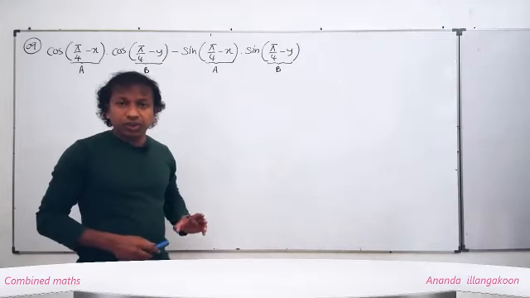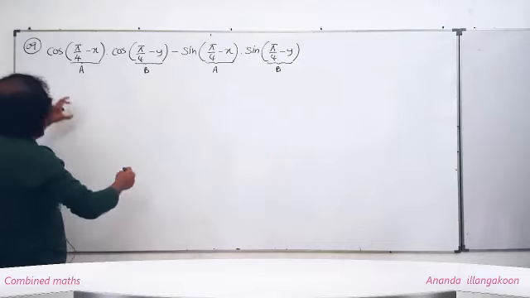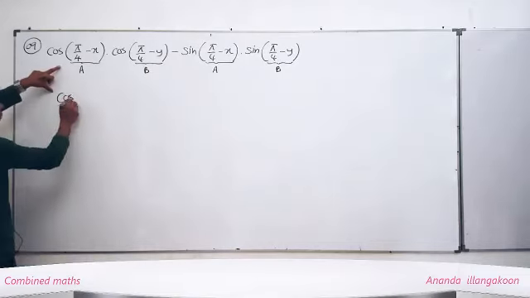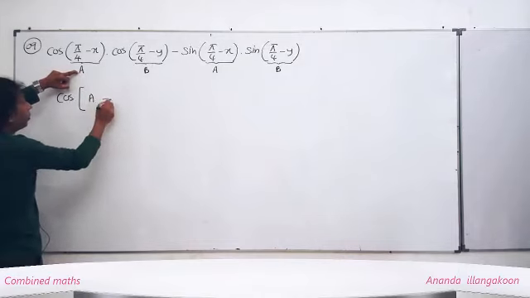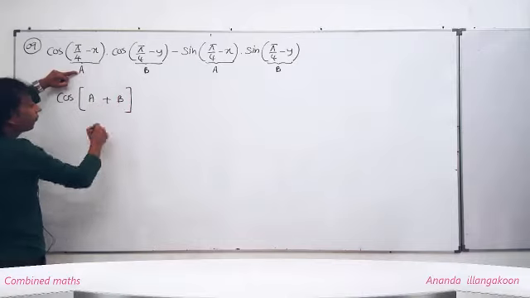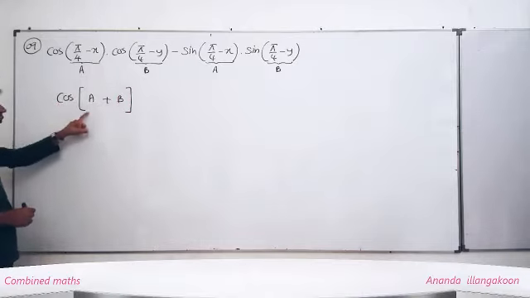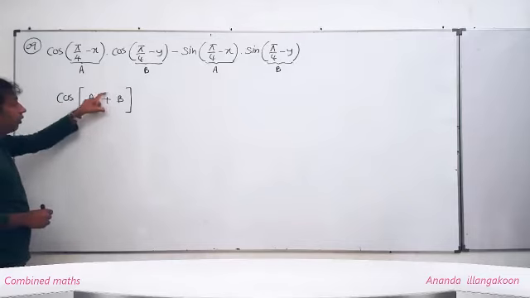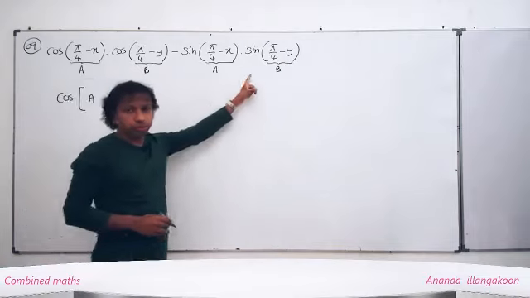It is cos A cos B minus sin A sin B. So therefore, here this is nothing but cos A plus B. Right. How to expand this? Cos A cos B, the sign opposite, minus sin A sin B. This you have to take.